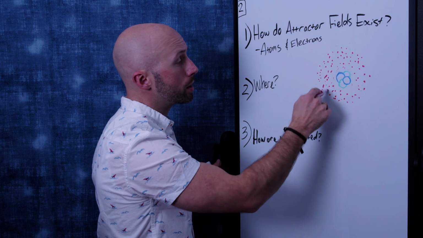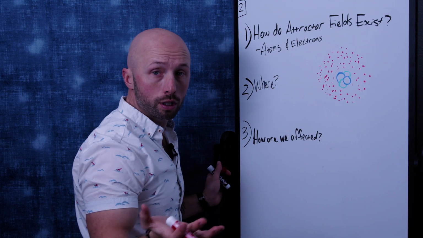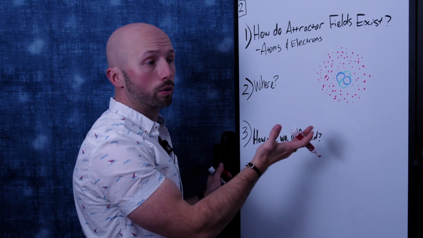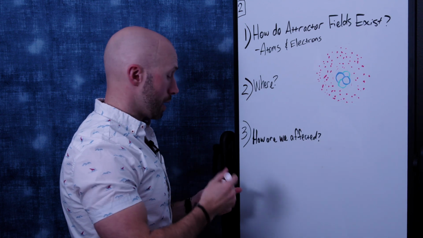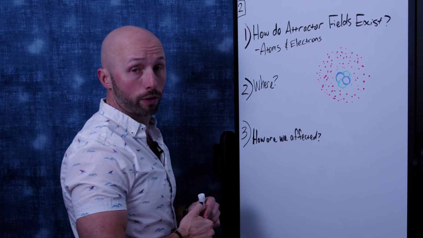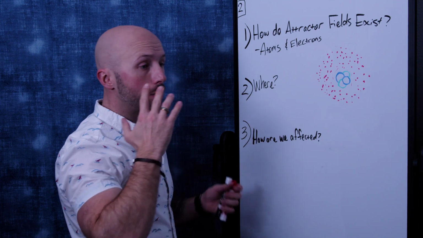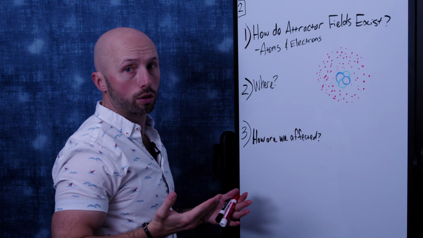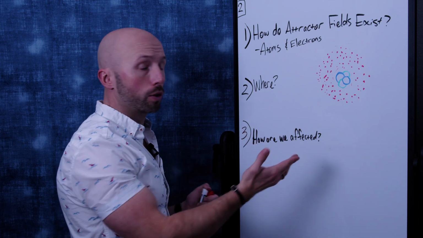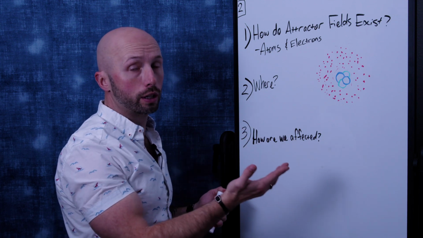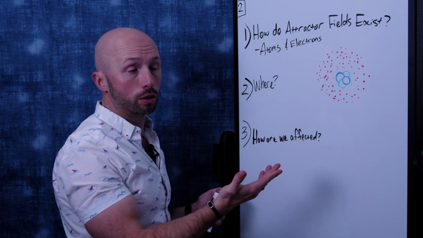At any moment of observation, it could appear or disappear. It's unpredictable. It's random. And what has been found is that through observation, we affect where the electron is going to appear.